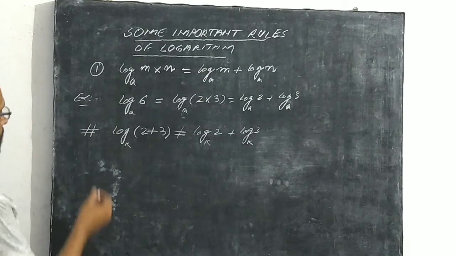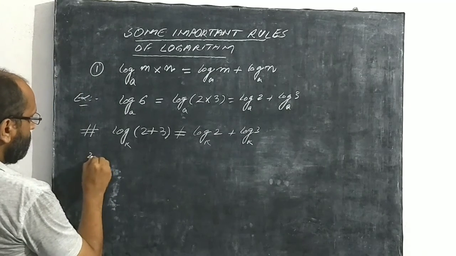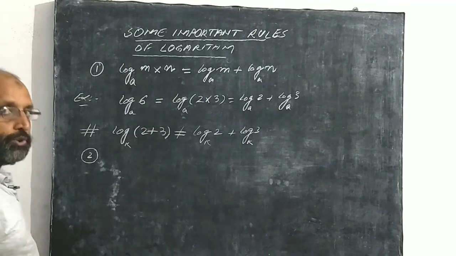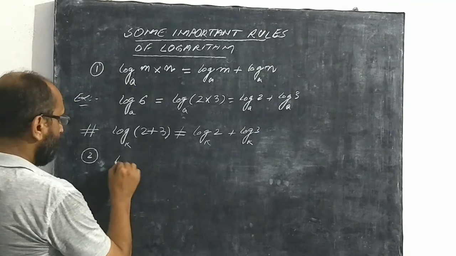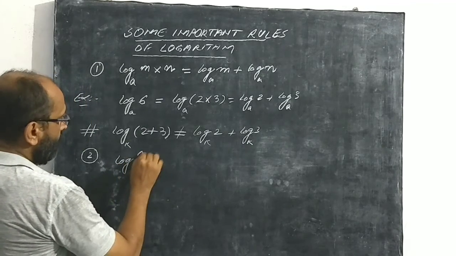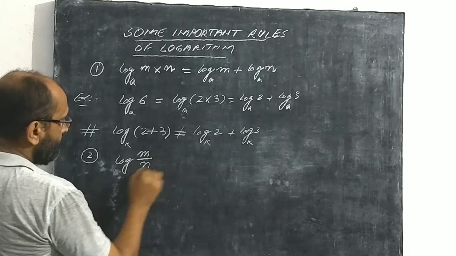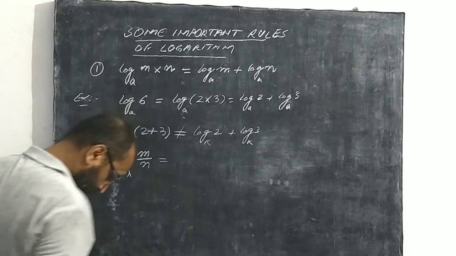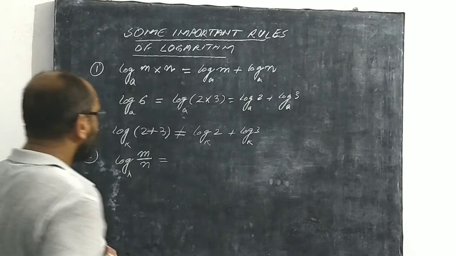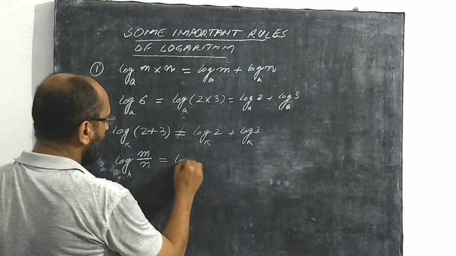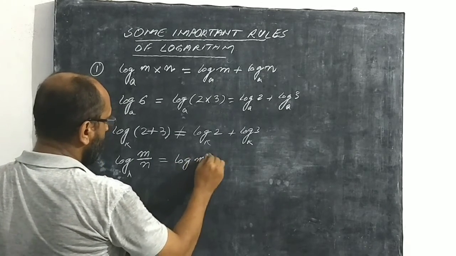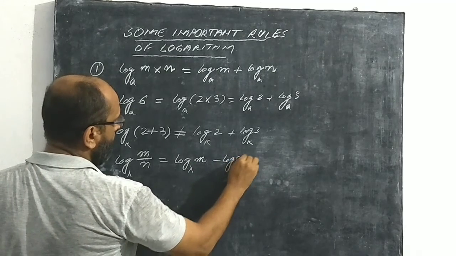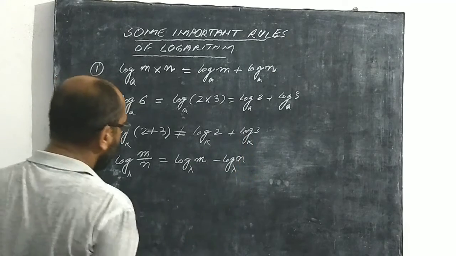Now, the second law, which is called the quotient law of logarithm, is log m upon n base lambda is equal to log m base lambda minus log n base lambda.